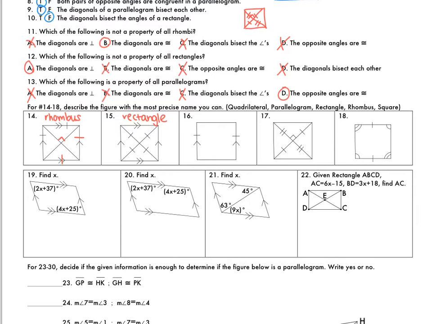All right, number 16. We don't have both pairs of opposite sides parallel, so we can't say parallelogram yet. Oh, but I know that one pair of sides is parallel, and that same pair is congruent. That is one of our qualities in our sheets.